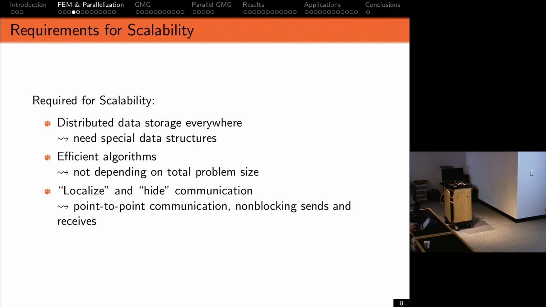So you need special data structures to do that. And of course, you want your algorithms, they have to work on these distributed data structures, so you don't have the knowledge, for example, of the whole geometry or the whole solution or the whole system matrix, and so on and so on. So they need to operate on this, and they should not depend on the total problem size, because that's something we want to grow, right, for scalability.